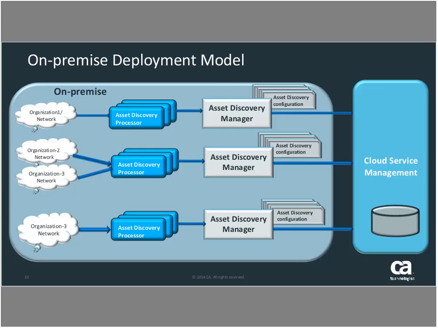So one instance of CSM can handle multiple configurations. Each configuration can connect to different organizations in their on-premise environment and have the asset manager or the processor component installed, which would do the discovery of those assets and then push those assets to the particular cloud service management.